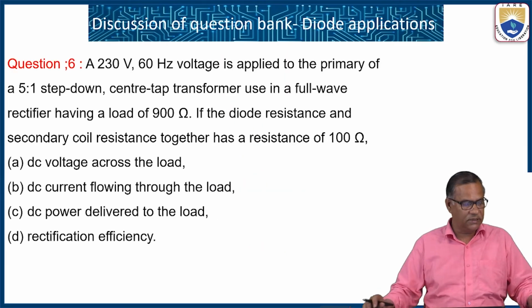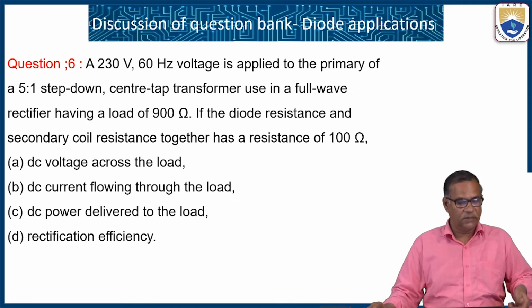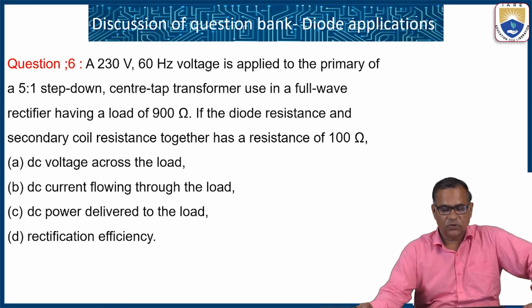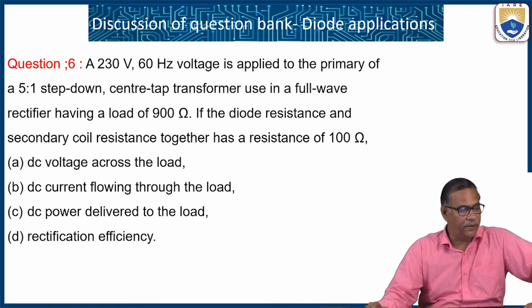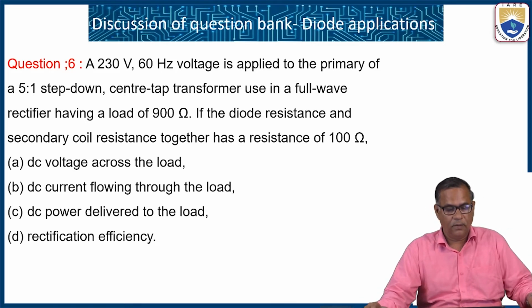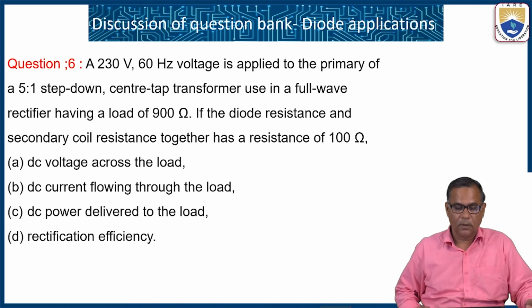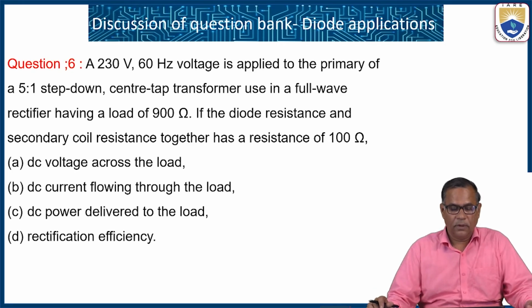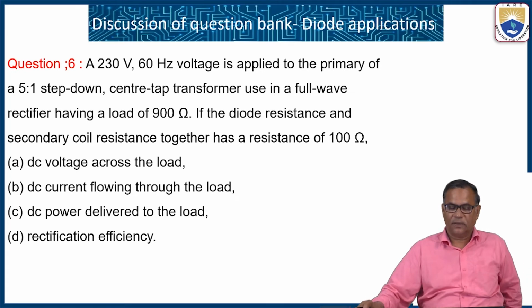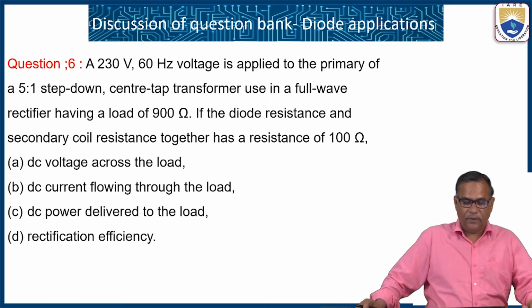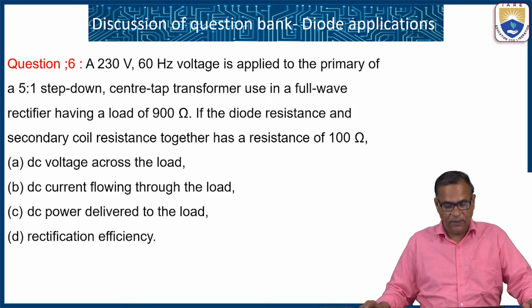Now let us go to the sixth problem. The sixth problem pertains to the full wave rectifier. A 230 volt 60 Hz voltage is applied to the primary of the 5:1 step down center tap transformer for a full wave rectifier having a load of 900 ohms.